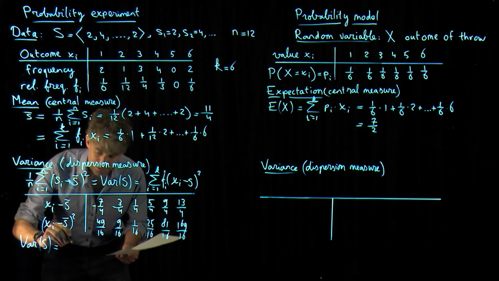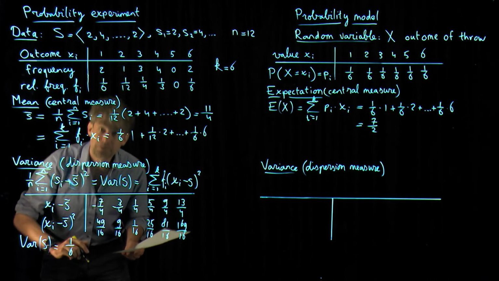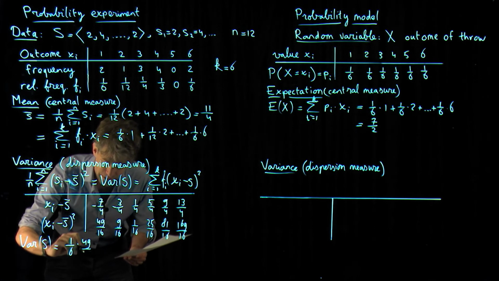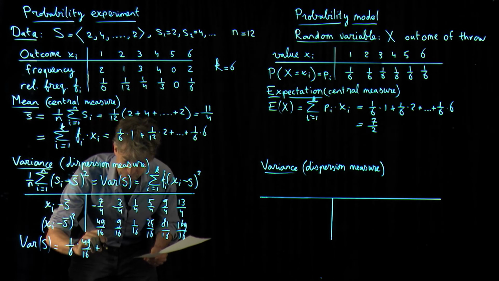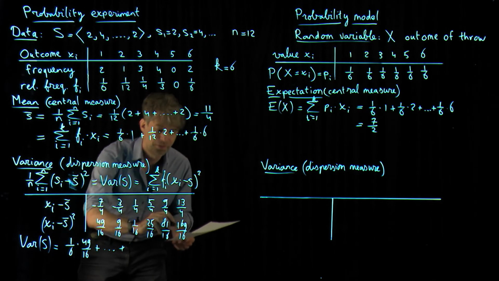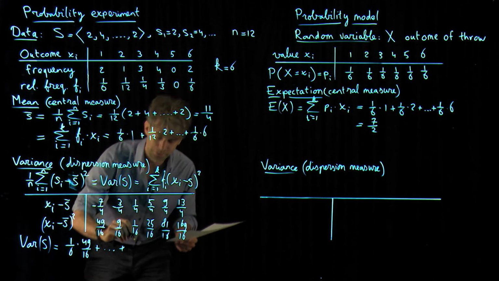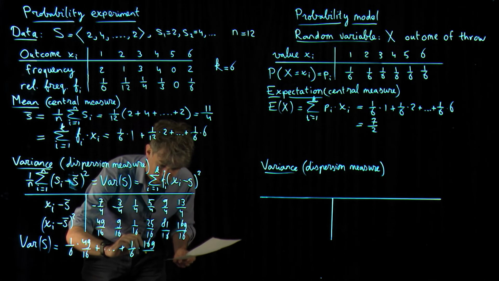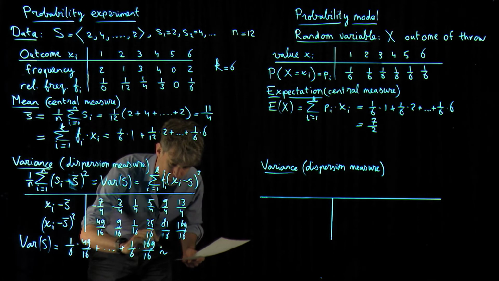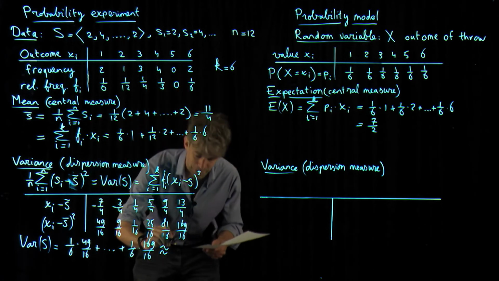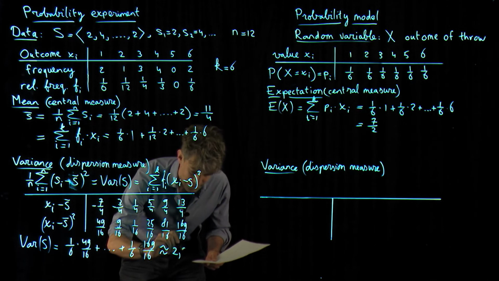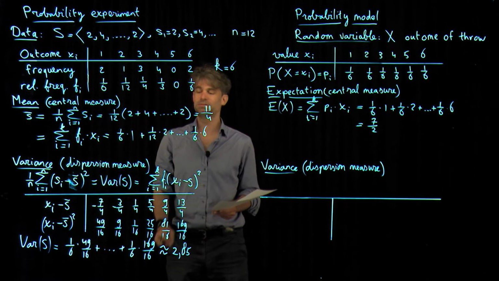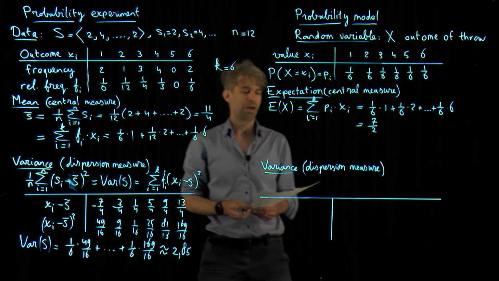So the frequencies, which is for the first one, relative frequency was 1 over 6 times 49 over 16 plus etc. That's right, the last one, which was also 1 over 6 times 169 over 16. And well, you can approximate this, and it turns out to be about 2,85.